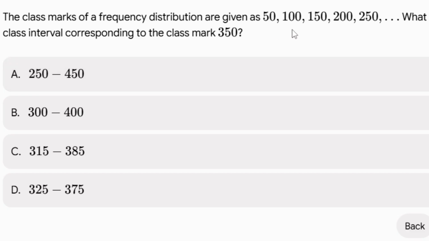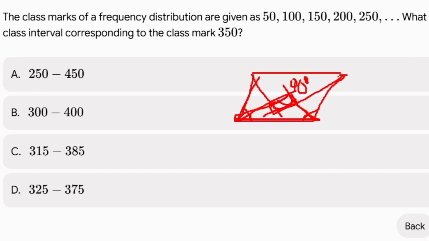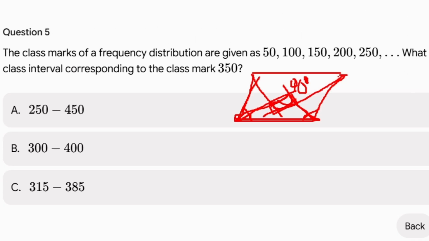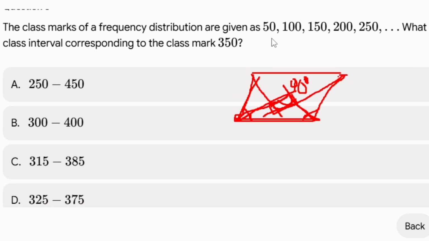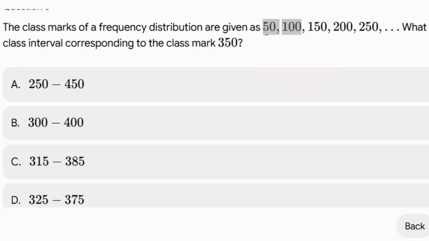Here the difference between the class marks is 50. This is the class size. Here class size 200, here 100, here 70, here 50. So this is the correct answer.